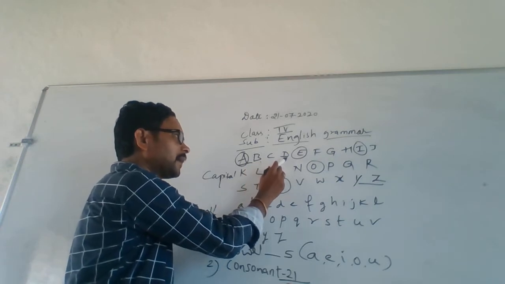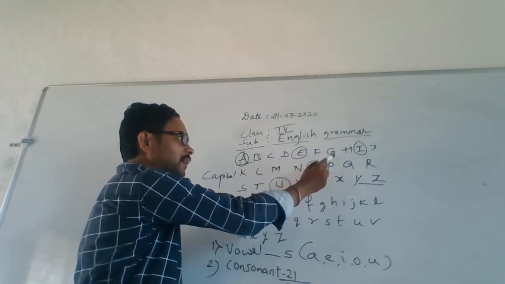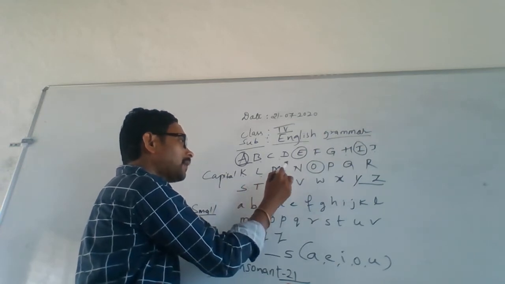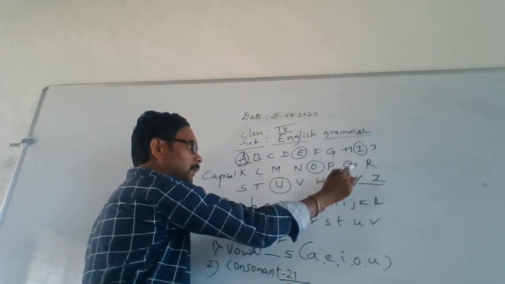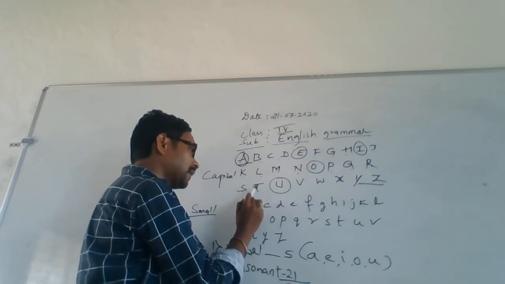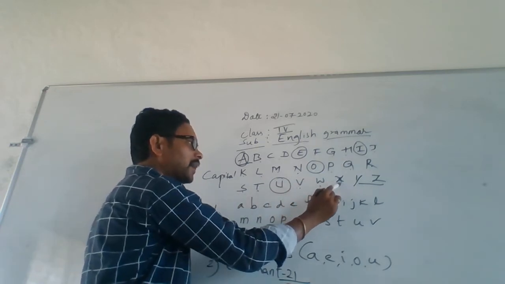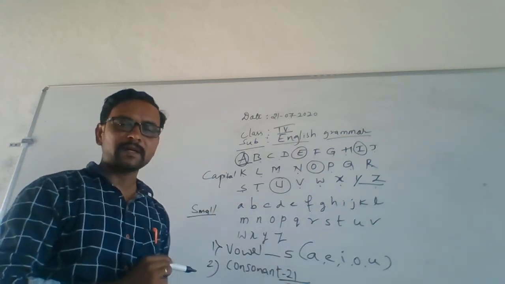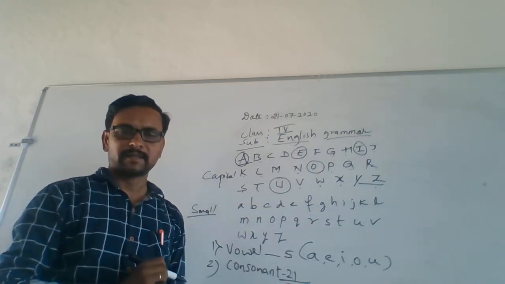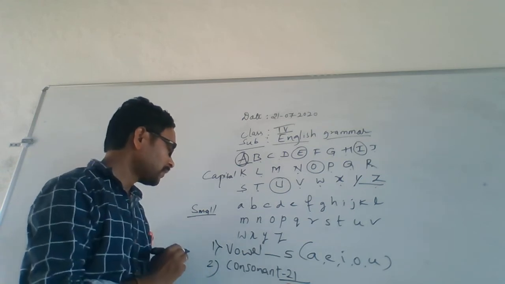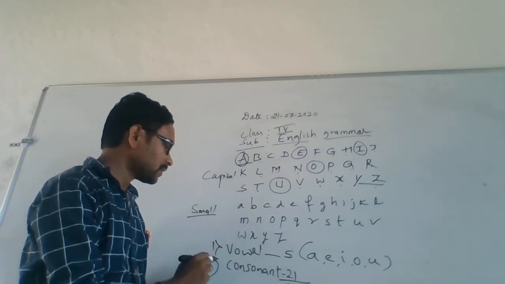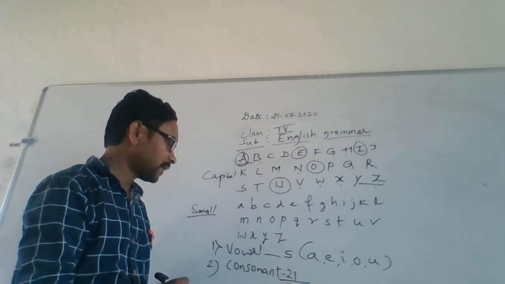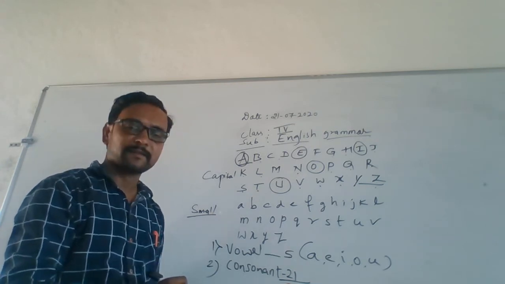B, C, D, F, G, H, J, K, L, M, N, P, Q, R, S, T, V, W, X, Y, Z. Those are called consonants. Do you understand? How many vowels are there? And how many consonants? 21 consonants are there.